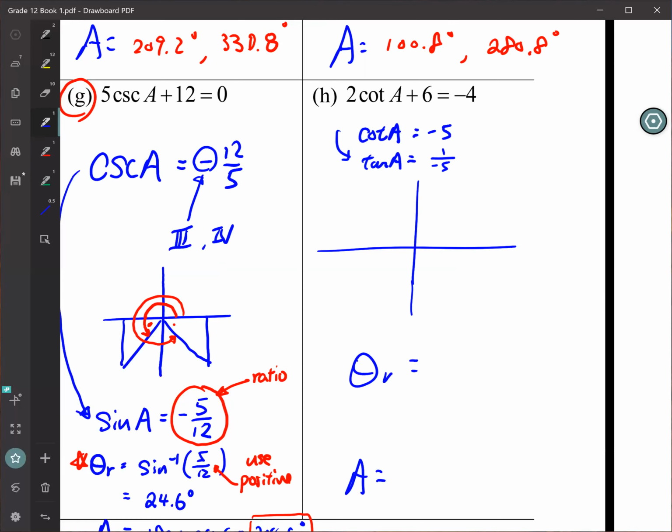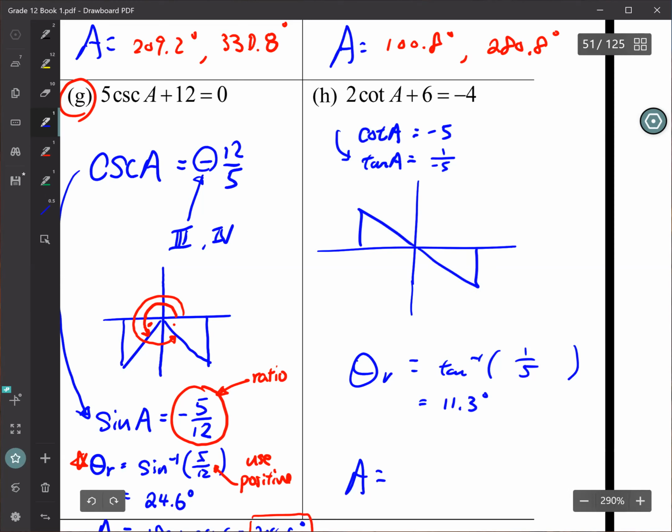Then you do the inverse of tangent. What do we do inside? 1/5. So what's your reference? 11.3 degrees. We forgot to draw, right? Which quadrant is it? 2 and 4. So the first answer will be 168.7. The other one? 348.7.